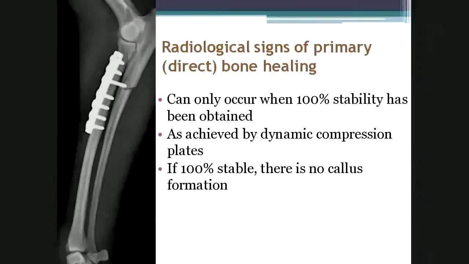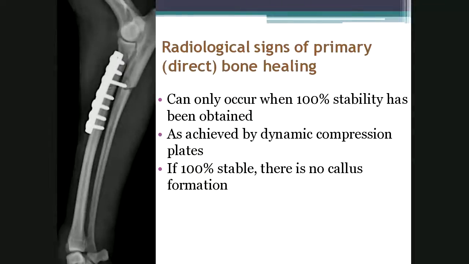Primary bone healing can only occur if there's perfect anatomical reduction and the fracture fragments are held rigidly together, i.e. by surgical intervention. The cortical bone is directly repaired without the intermediary fibrocartilage tissue and endochondral ossification processes across the fracture gap.